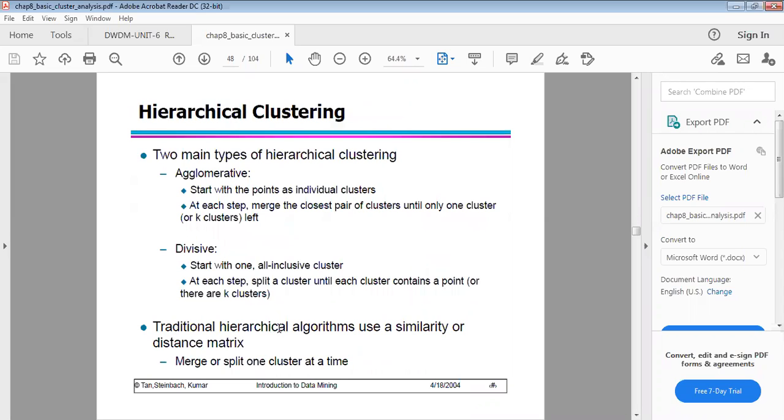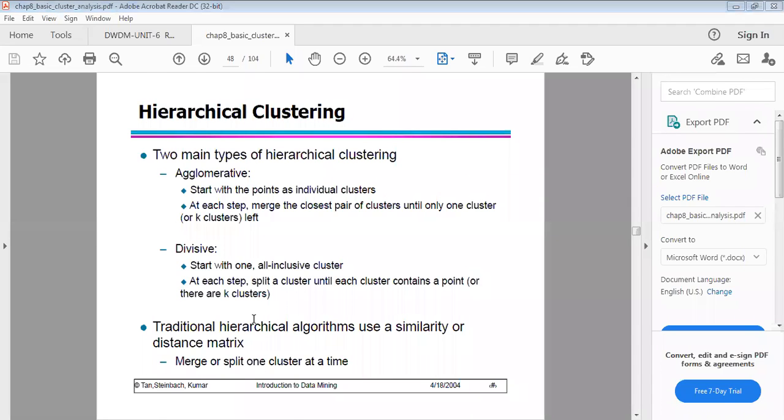Next is hierarchical clustering. The two main types of hierarchical clustering are agglomerative and divisive. Now we discuss agglomerative clustering.